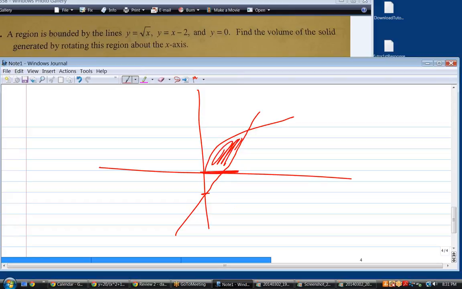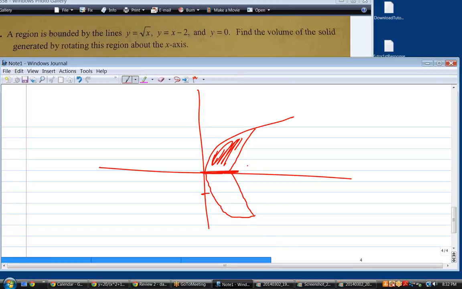So this is the area that we are rotating. Isn't that I'm going to need washers and discs? Yes. In other words, we're going to end up with a figure that looks kind of like that. Solid.